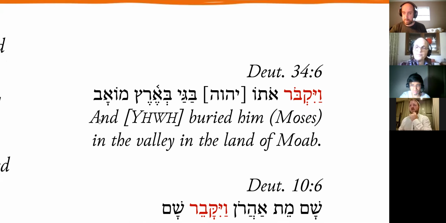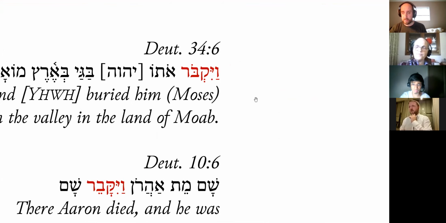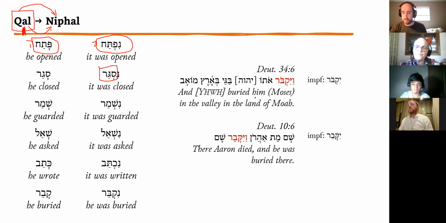And this is the translation. Adonai buried him, that's speaking of Moses, Oto, in the valley, Bagai, in the land of Moab, be'eretz Moav. So Vayikbor, this is the vav consecutive.